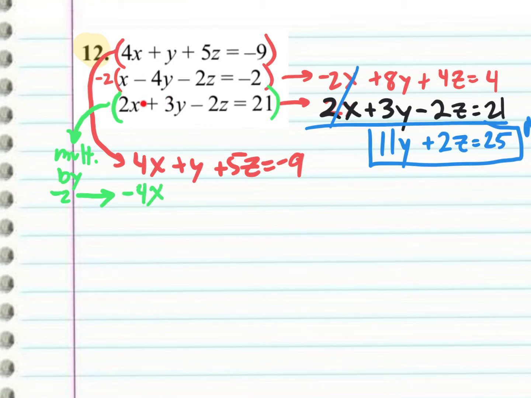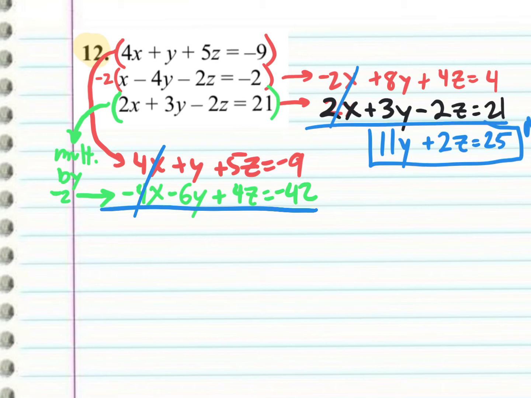I know that I take this 3, multiply it by negative 2, that'll give me a negative 6y. I know that I take that negative 2z, multiply it by negative 2, it'll give me a positive 4z. I know that I take the 21 and multiply it by negative 2, that'll give me a negative 42. And I did that because step 2 said use the one you haven't used and get the same variable, in this case x, to cancel.